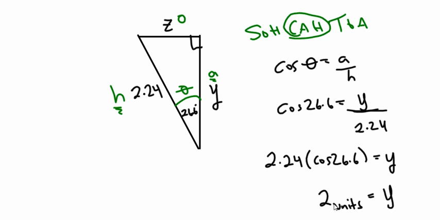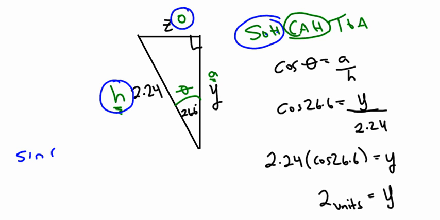To find the value of z, I'm going to do the same idea, which is now I want to find the opposite side. And again, the side that I was told was hypotenuse. So if I scan SOHCAHTOA, opposite and hypotenuse are in the relationship called sine. So sine theta is opposite over hypotenuse.